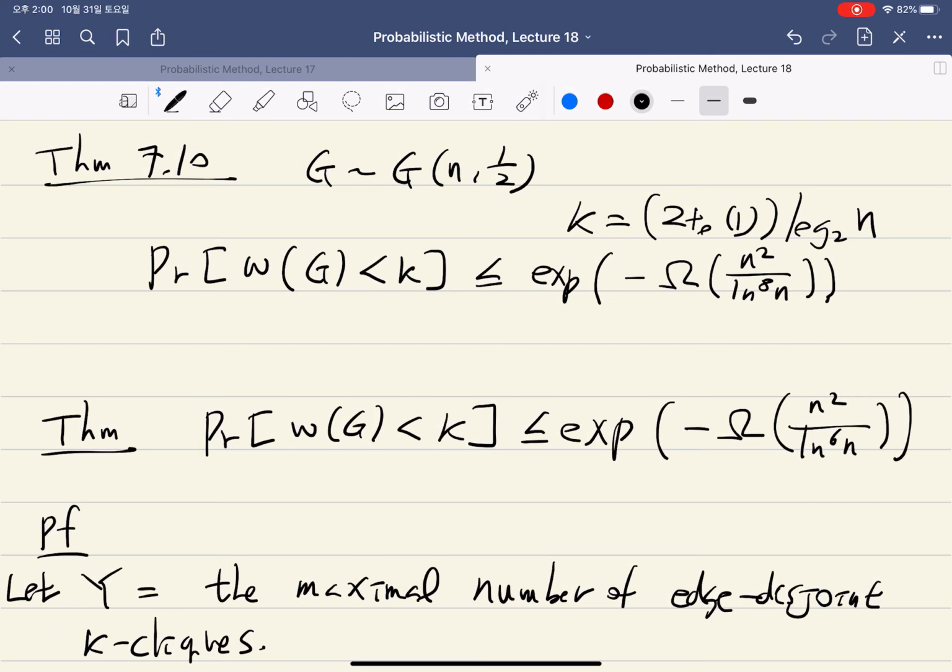so before, let me check what it was in 7.10.